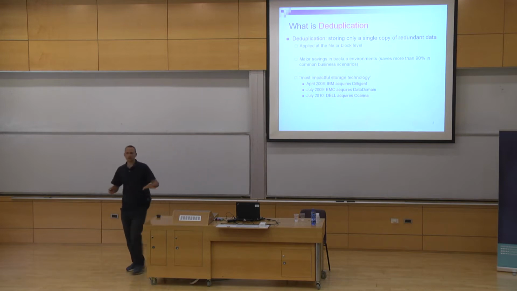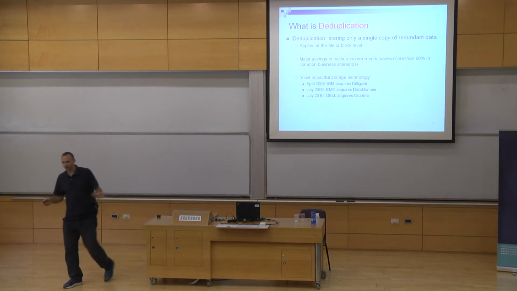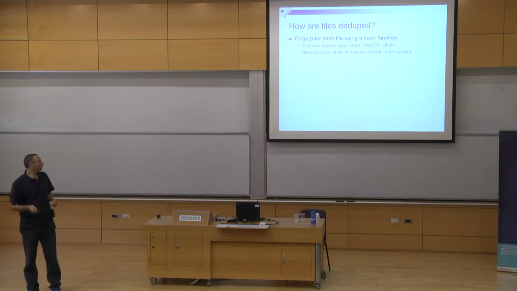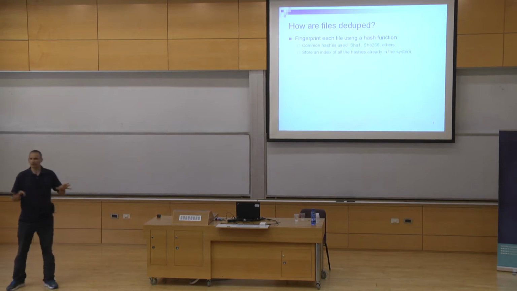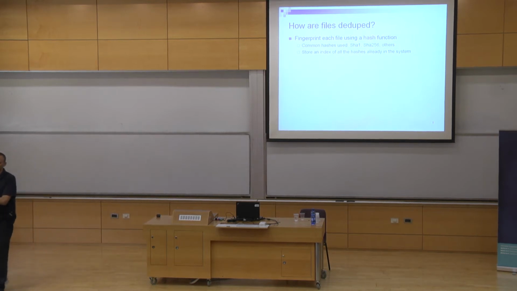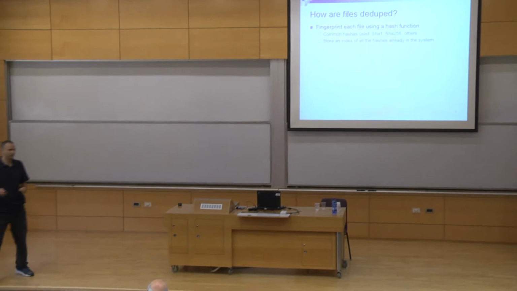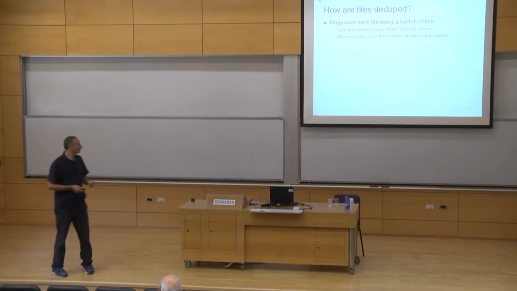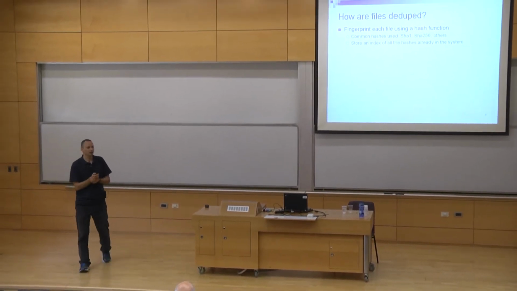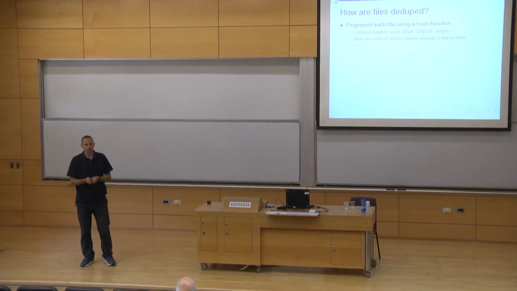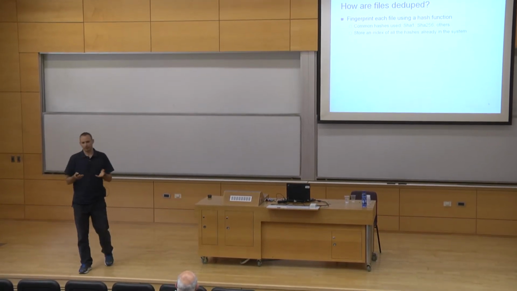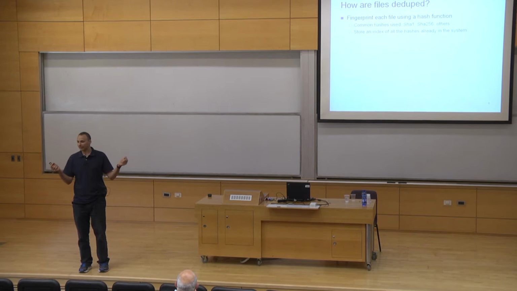So that was kind of what is deduplication. How is deduplication done? So I said blocks and files. I'm going to go with files for the rest of the talk, but if you feel uncomfortable, just do the translation in your words. So how are files deduplicated? You don't go and say, let's look at two files and really compare them.